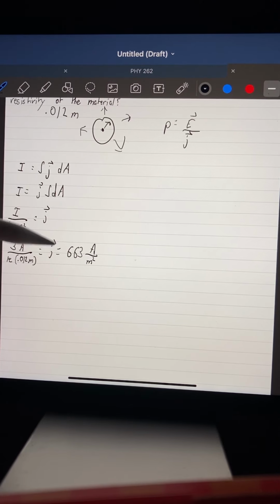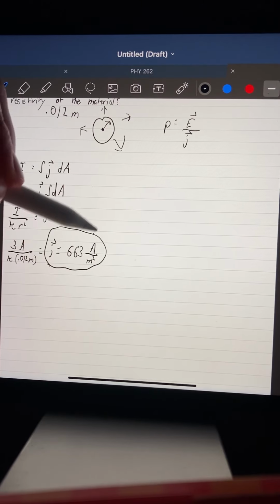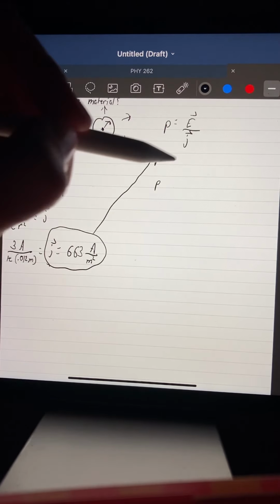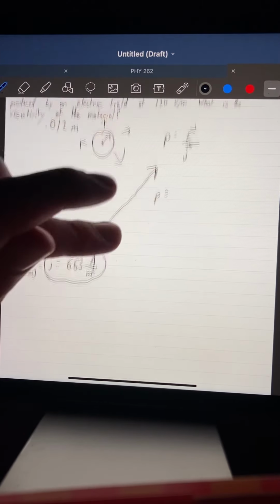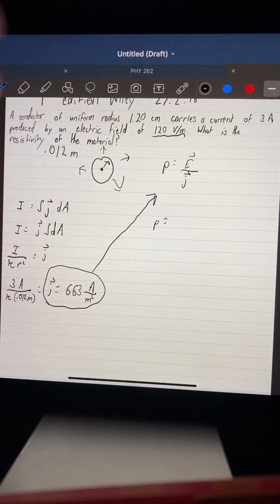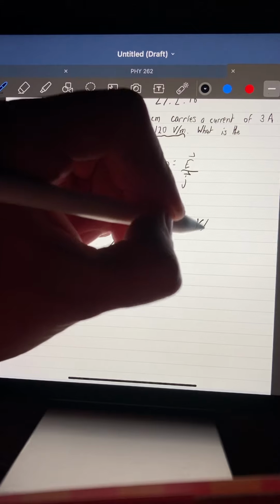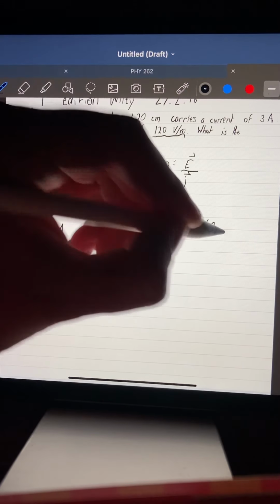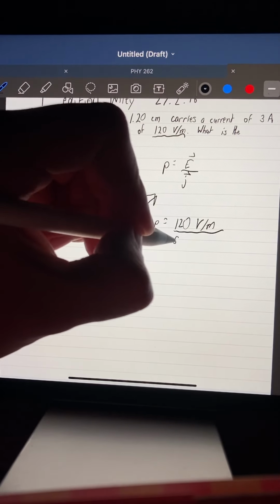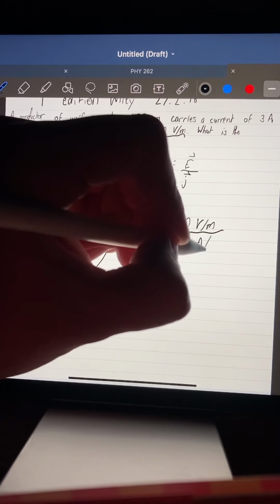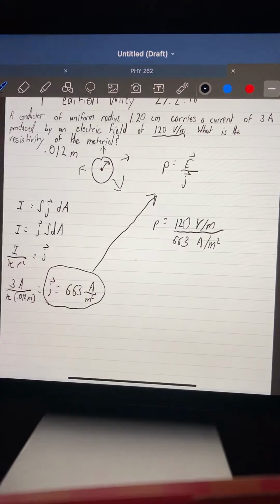All right, so now that we have our current density vector, we're going to plug it into our original equation. Rho is going to equal 120 volts per meter divided by 663 amps per meter squared.